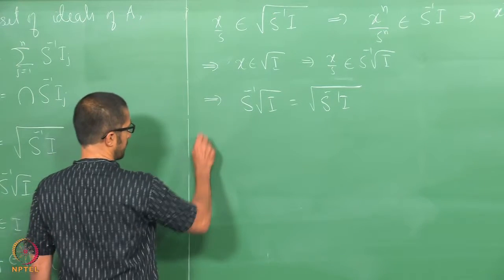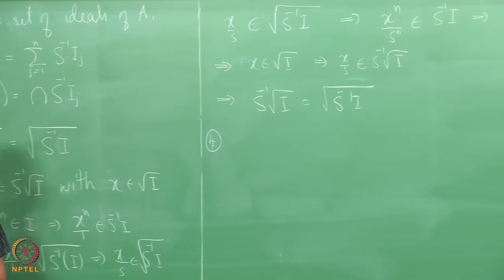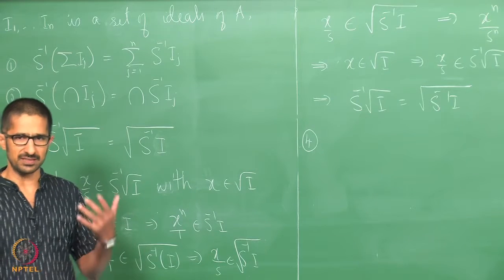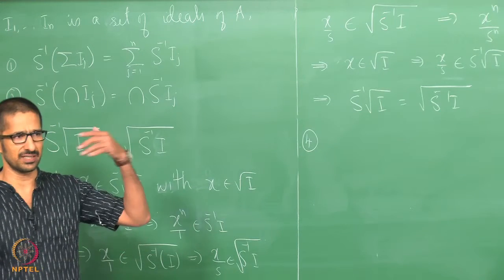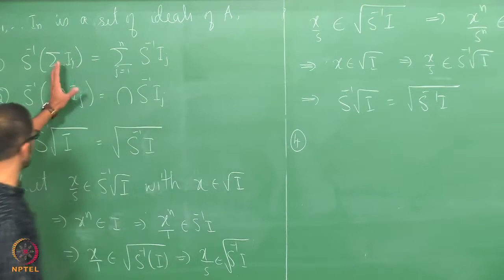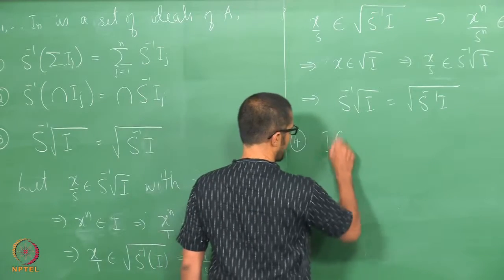Another nice property of localization. I mean, this localization is such a process that we are seeing now, that it commutes, distributes with all operations, whatever we can think of: summation, intersection, taking radical.